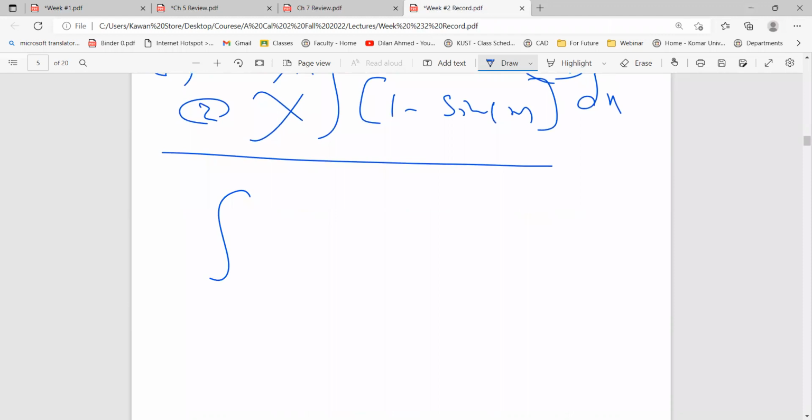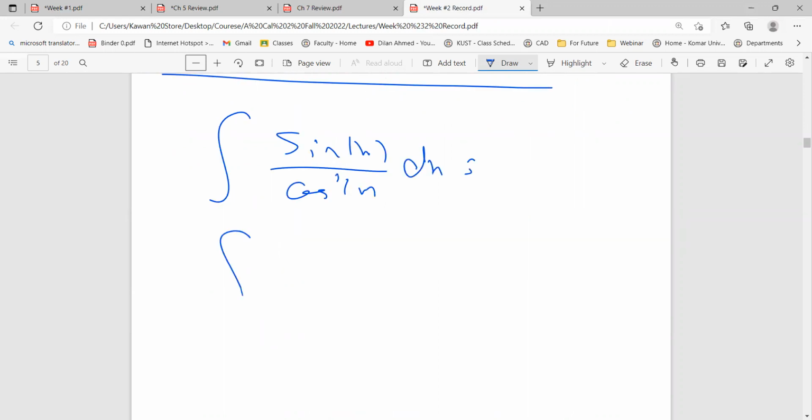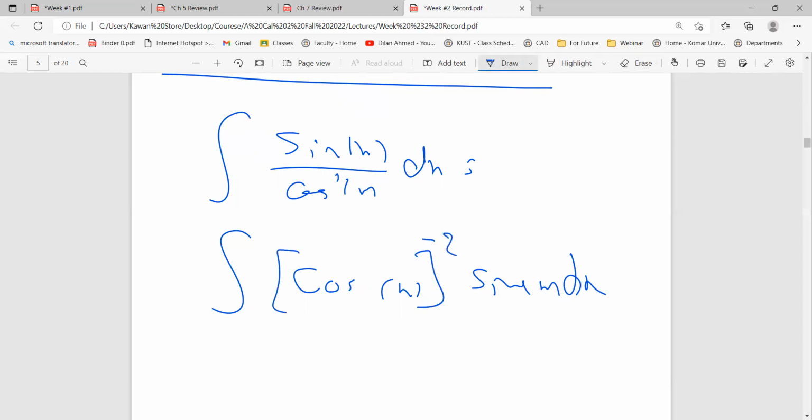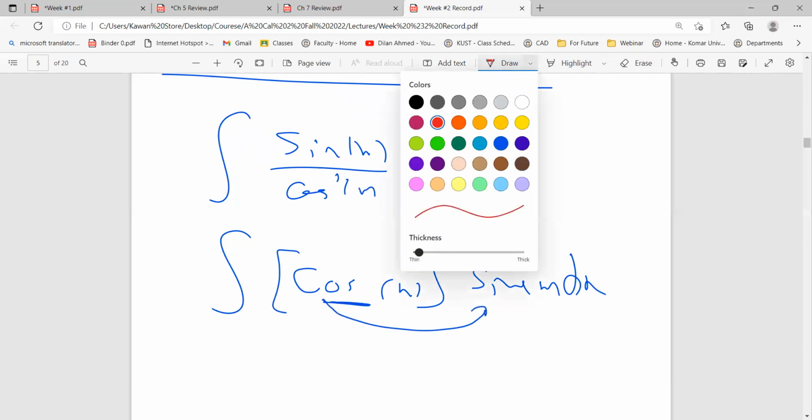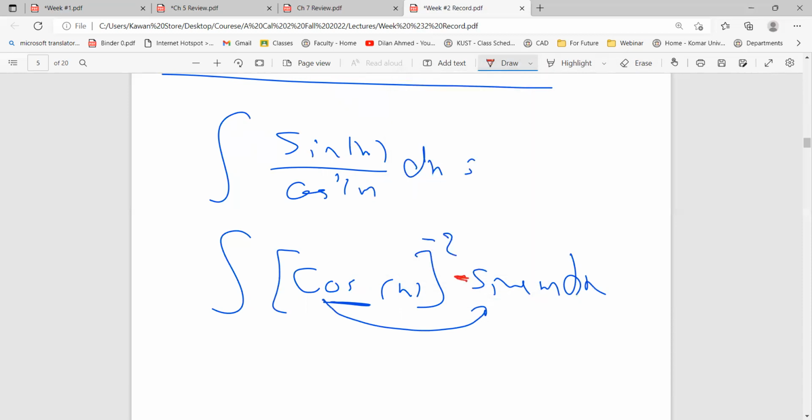So if I have something like sine of x over cosine squared of x, dx, let me bring it up. I say cosine squared of x to the power minus, times sine of x dx. So I make that one a box, d box. Derivative of here is equal to what? No, minus. So I need minus.